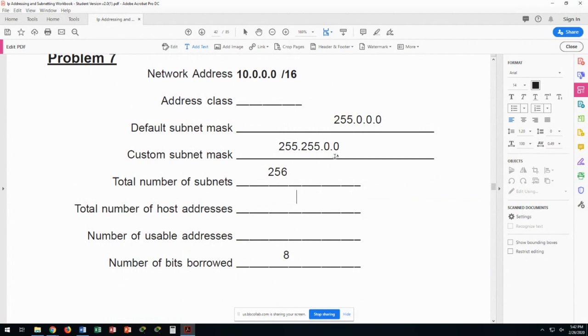We had 24, we took 8, so we have 16 left. So now we've got 2 to the 16 available. Anybody know what that is? It's 65,536. Class B has 65,536 by default, because we turned the A into a B.